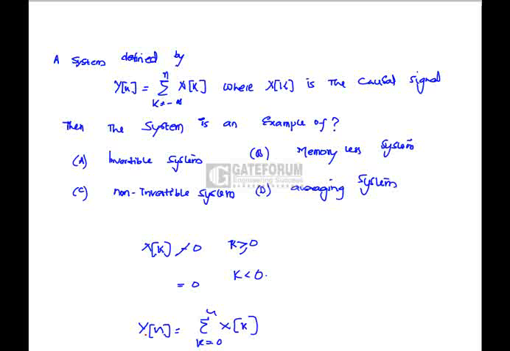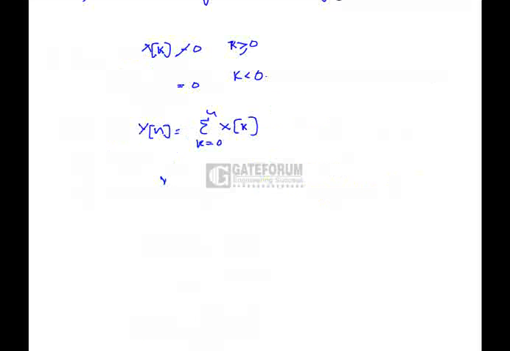Coming to invertibility, we can write y of n as the convolution of x of n with u of n, yes or no? So the Z transform of y of n is X of z times 1 by 1 minus z inverse.